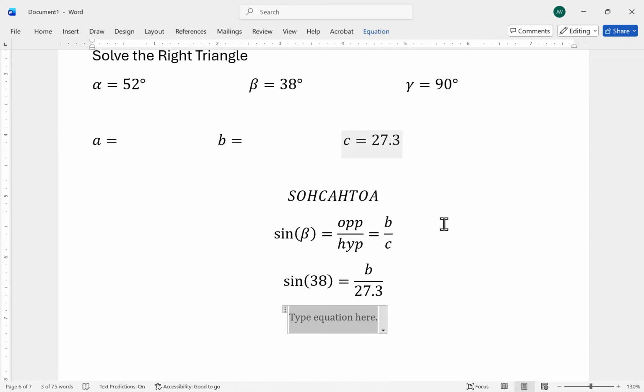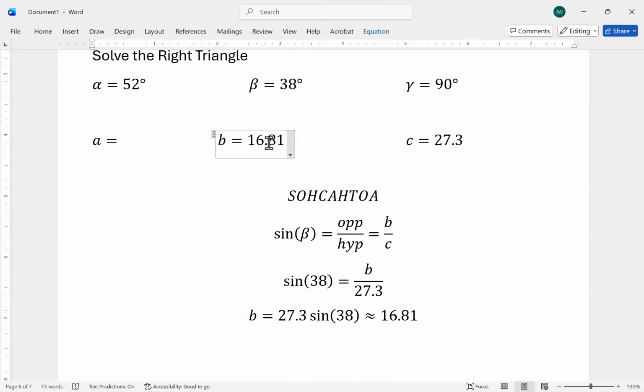Now, if I wanted to find the exact value for B, I just need to multiply both sides by 27.3. 27.3 times the sine of 38 is the exact value for B. But more likely, it'll probably ask you for an approximate value. And when you type that into a calculator, making sure you're in degree mode, you'd get about 16.81. So we get a B value that's about 16.81. I should put approximately there.